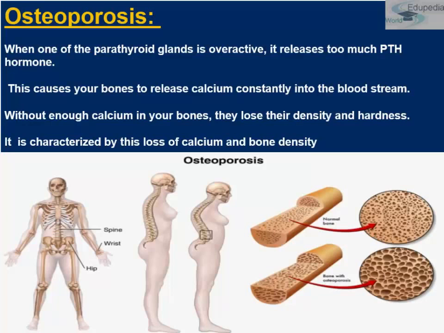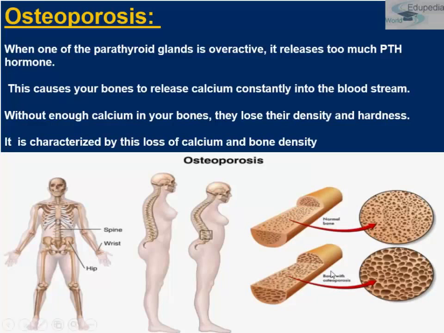As you can see in the person affected by osteoporosis, the spine has become more S-shaped, because it has lost its density and hardness, and it has become more fragile and more fracture prone.